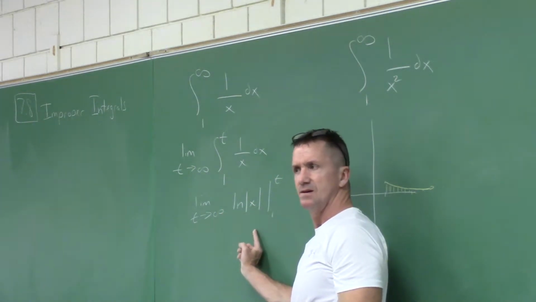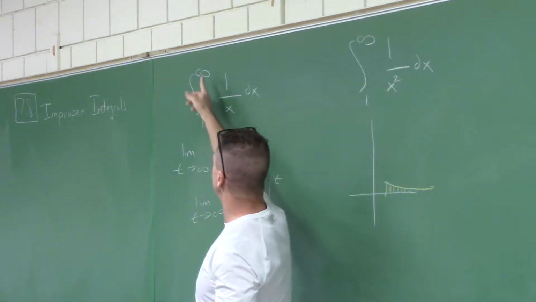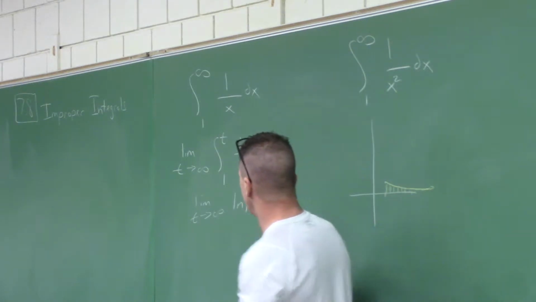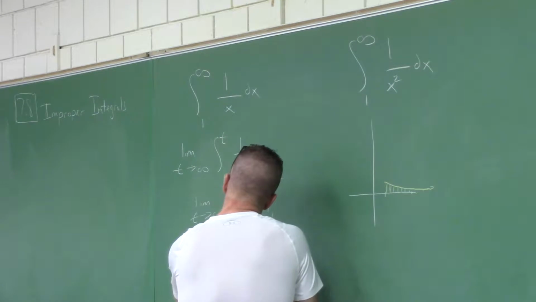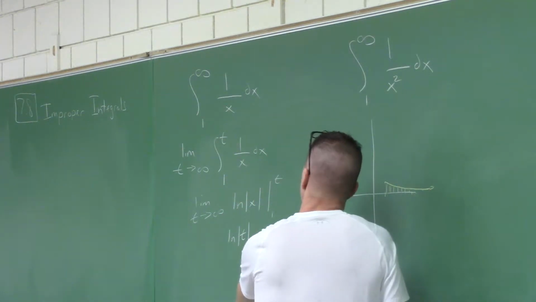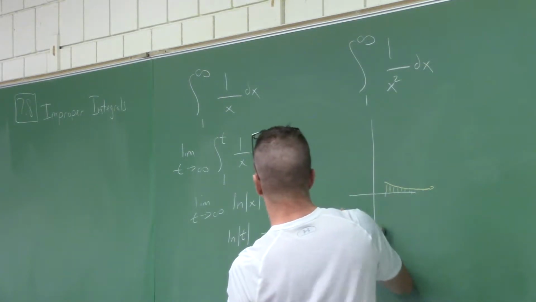Is everyone okay with that? That's what's going to happen because we replace the infinity with this t variable. I'll plug the t in there and get the natural log of t, minus, and then I plug in natural log of 1.